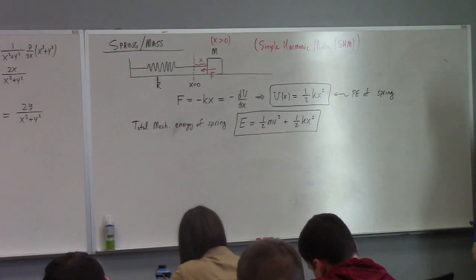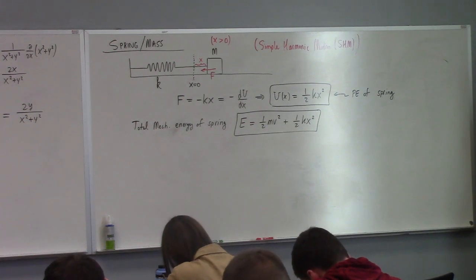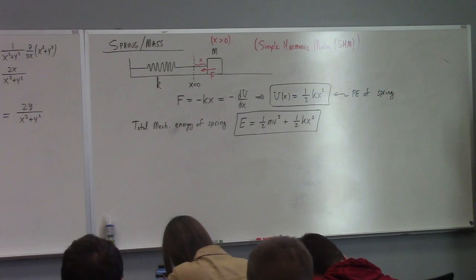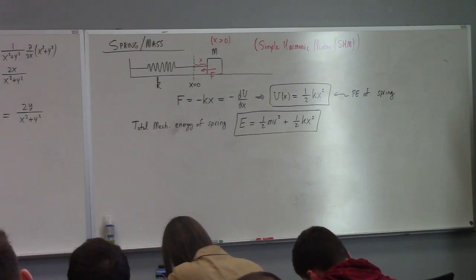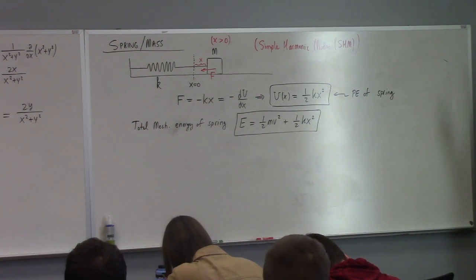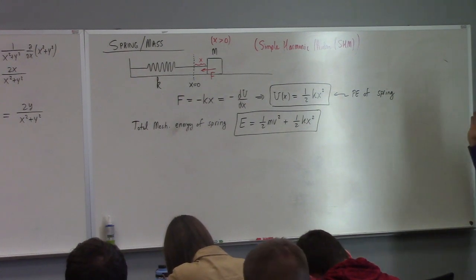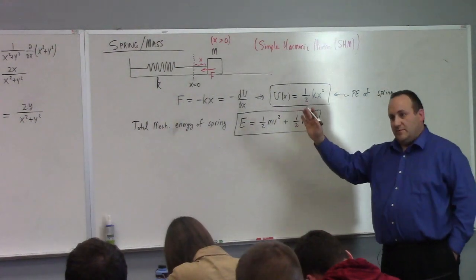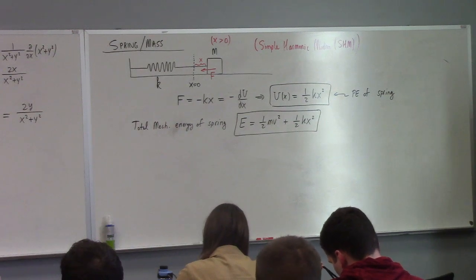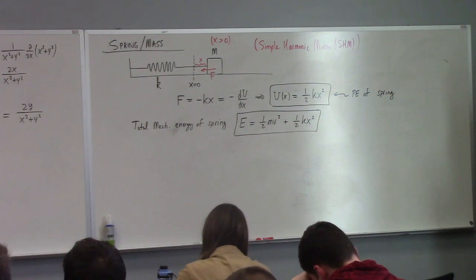And if there's no friction force, energy is conserved. So there are two different things that will tell me everything I need to know. If I know the velocity of the spring as it goes through the equilibrium position, that will inform me as to what the maximum distance it goes from it.